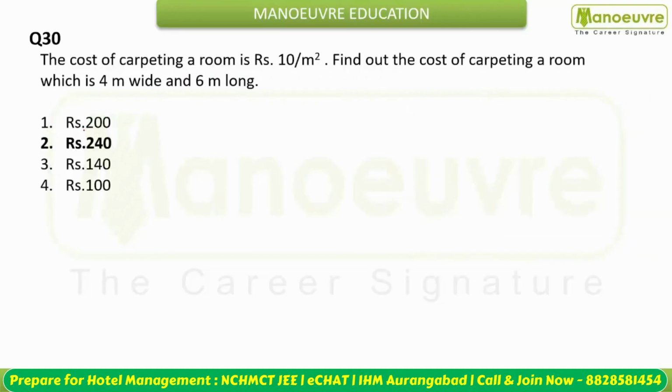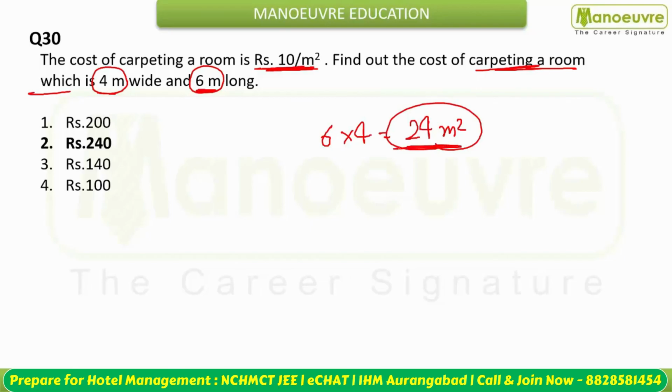Now last, you are given the cost of carpeting a room is rupees 10 per meter square. You have to find out the cost of carpeting a room which is 4 meter wide and 6 meter long. So basically what you have to do is find out the area. That area is 6 into 4, that is 24 meter square, the total carpet area.